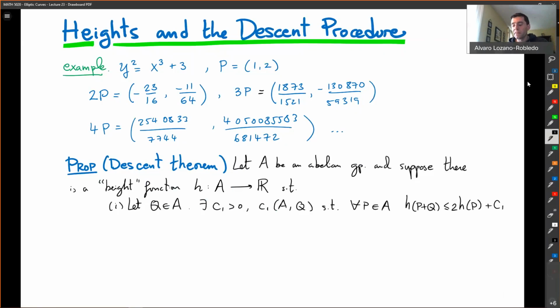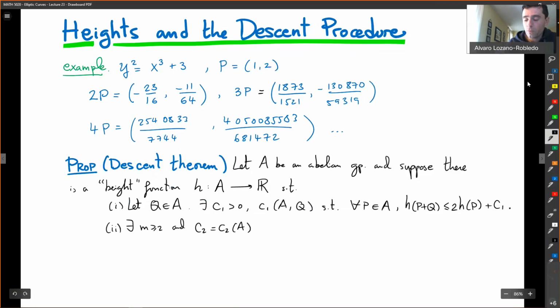Okay, so that's the first property. 2. There is some M and a constant C2, and this one only depends on the group A, such that for all points P in A, the height of M times P is at least M squared times the height of P minus C2.